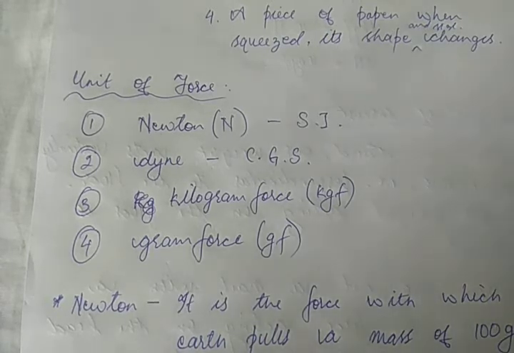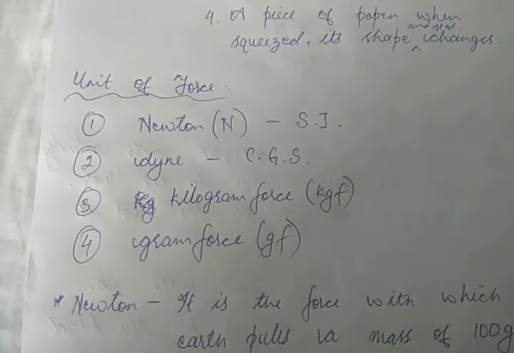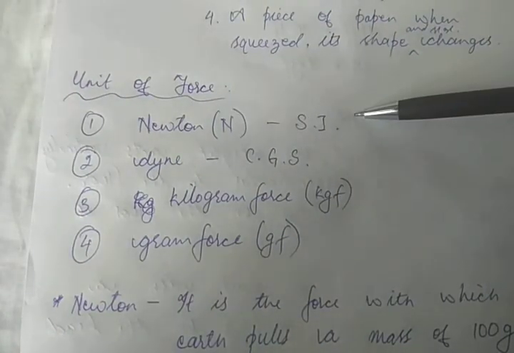Force can be measured. To measure any physical quantity, we need the help of a unit. Don't forget that. So force also needs some unit for it to be measured. The different units that we use are, number one, Newton.